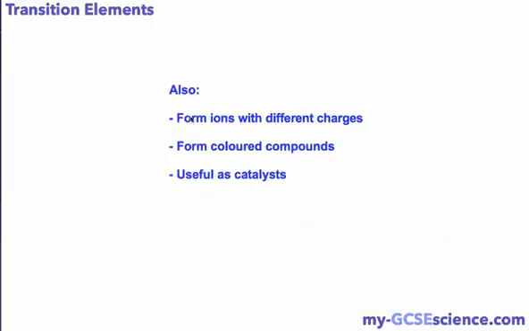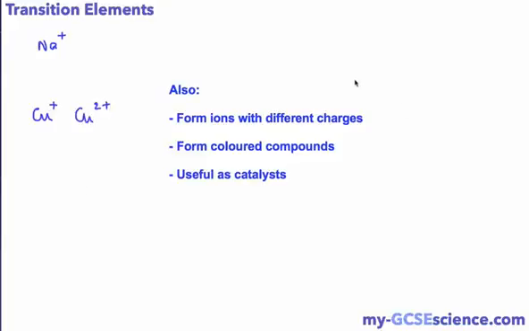Another group of features that you need to know is that they form ions with different charges. For example, if you look at something like sodium, which is in group 1, this will only ever form an ion that has a +1 charge, whereas copper, which is part of the transition metals, can either be a +1 charge, or sometimes you'll find it as 2+.